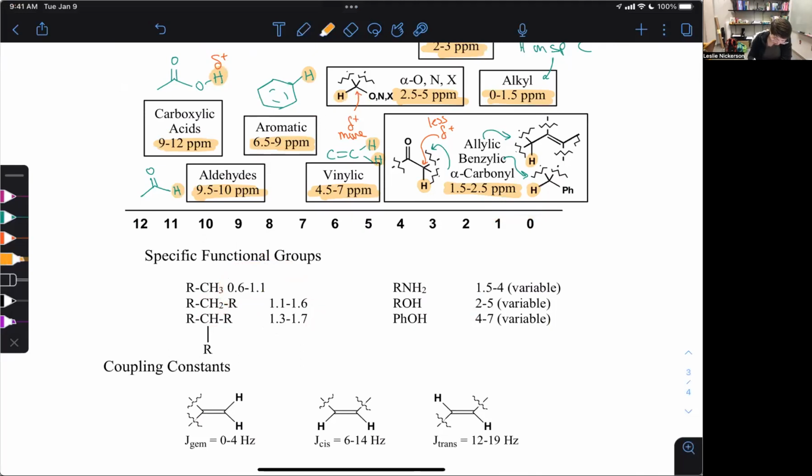And then these are very, very helpful. Okay, so one thing that we want to keep in mind here, OHs, NHs are kind of weird, right? Because they are on the more acidic side, you can have a lot of intermingling with the solvent that you're taking your NMR in.